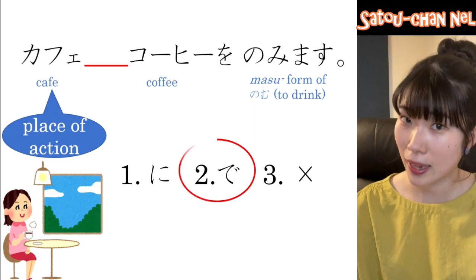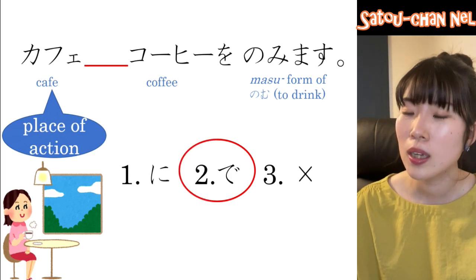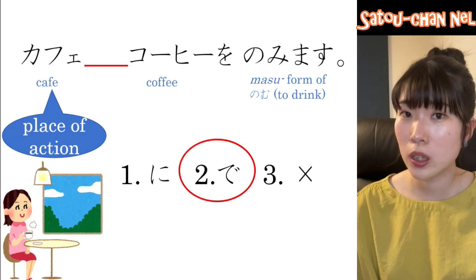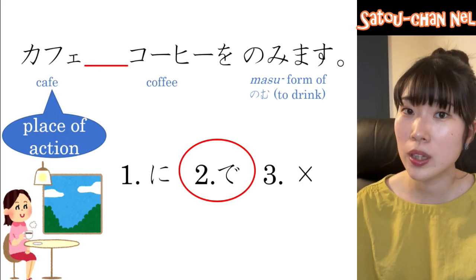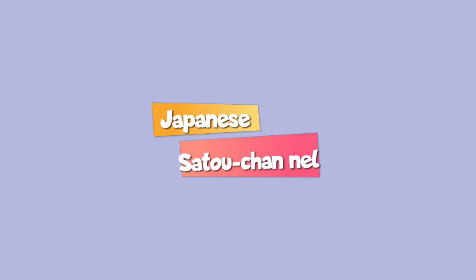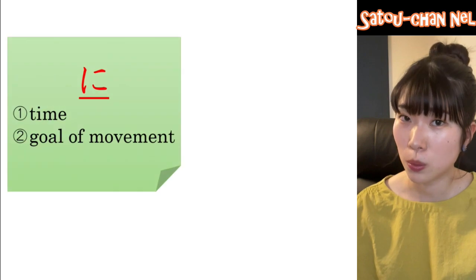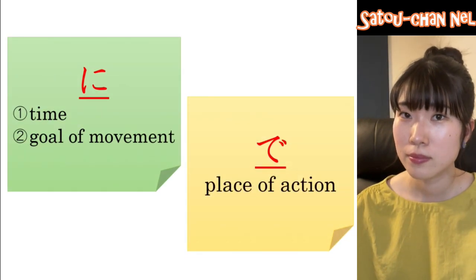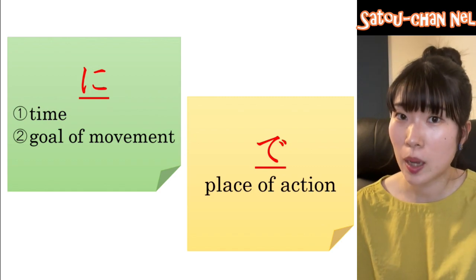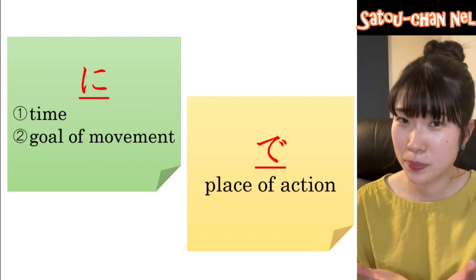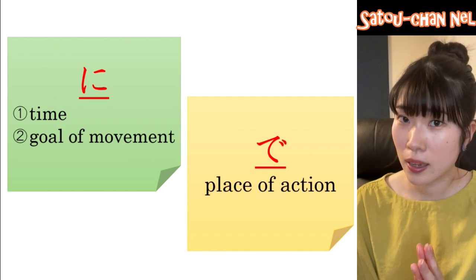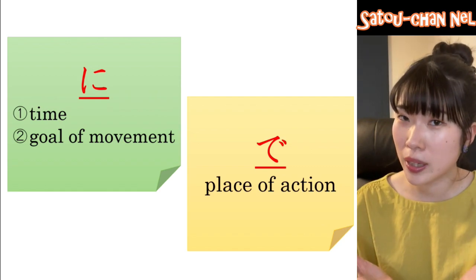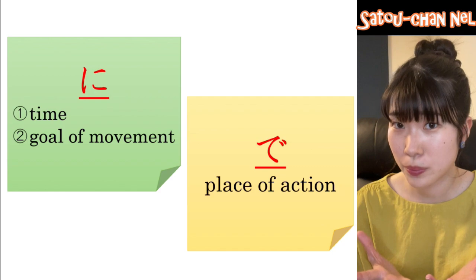It's で. カフェでコーヒーを飲みます. So today we learned particle に and particle で. Particles in Japanese have many meanings. に and で have many other meanings and functions too.